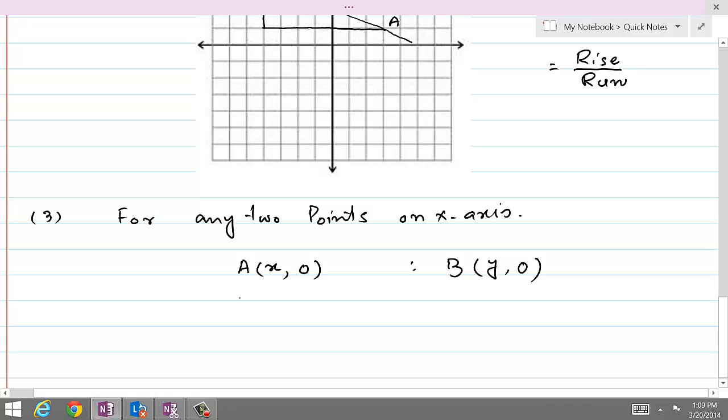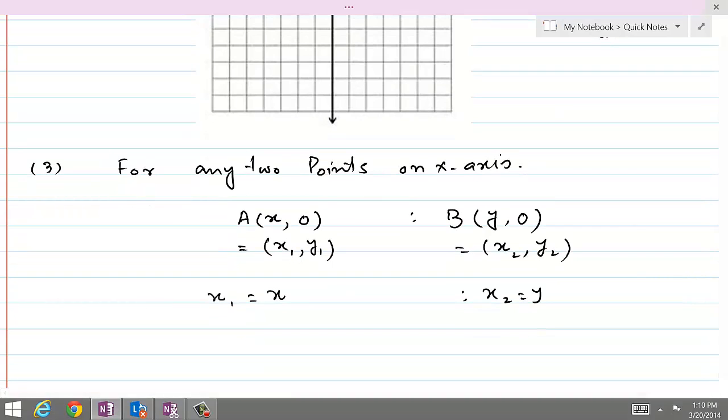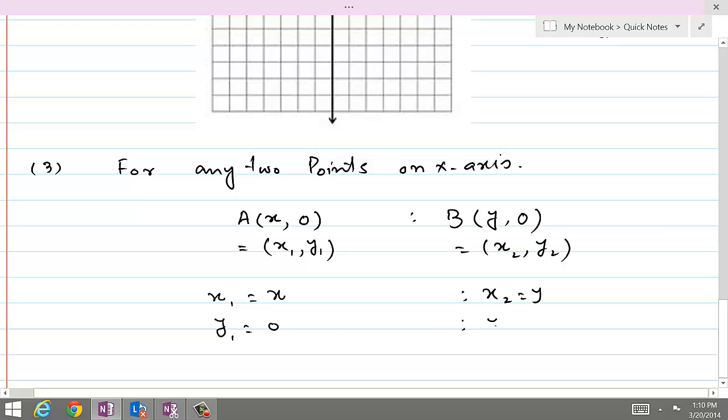Therefore, if we write this as x1, y1, and write this as x2, y2, here what is x1? x1 is equal to x, and what is x2? x2 is equal to y, and what is y1? y1 here is equal to 0, and y2 here is equal to 0 as well.